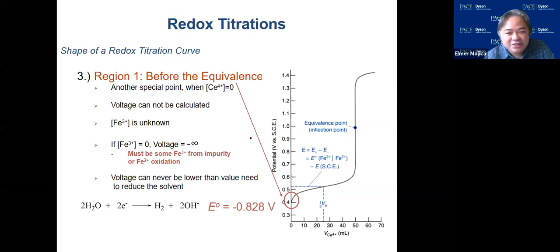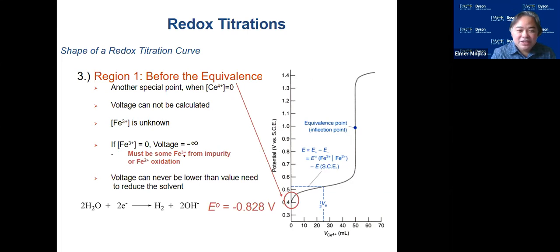And another special point that we have here is before we start the titration, when Ce4+ equals 0. So voltage, you cannot calculate it. The concentration of Fe3+ is unknown because all you have there is Fe2+. Okay, so if Fe3+ is 0, you could say your voltage is negative infinity.